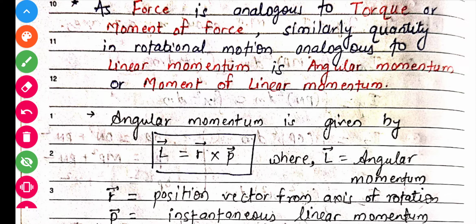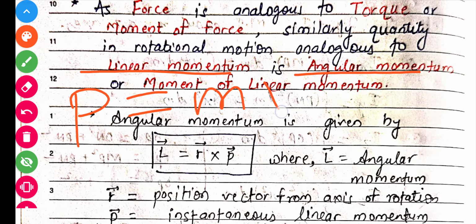Another quantity we are going to see here is linear momentum and angular momentum. In linear momentum, we simply define momentum as mass into velocity, which is valid for linear motion.